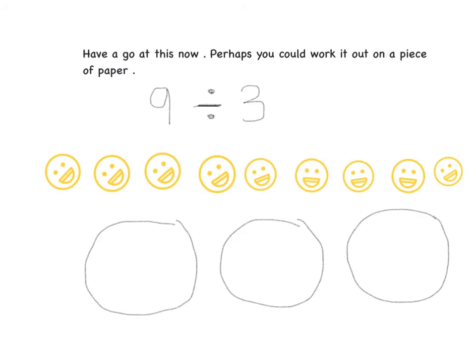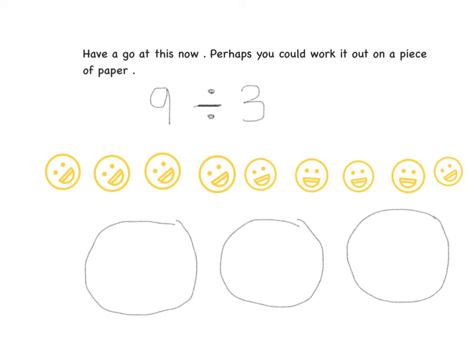Have a go at this now. Perhaps you could work it out on a piece of paper before we go through it together. 9 divided by 3, or 9 shared by 3. Okay, let's go through it together. You can see we have 9 smiley faces.